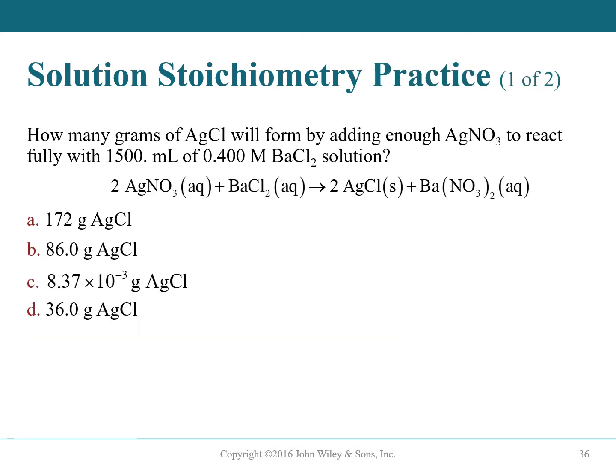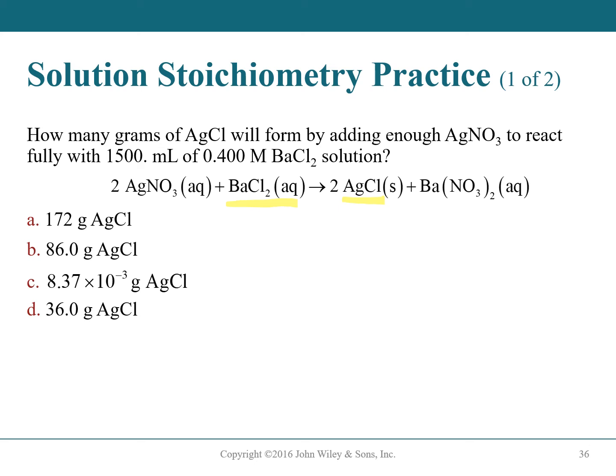Okay, so let's do this one. Here you have your balanced equation. How many grams of silver chloride will form by adding enough silver nitrate to react fully with 1,500 milliliters of 0.4 M barium chloride solution? Okay, so what are we given? So what about the silver nitrate?